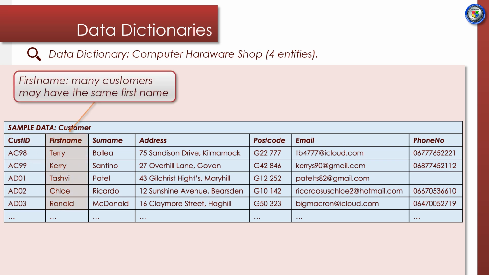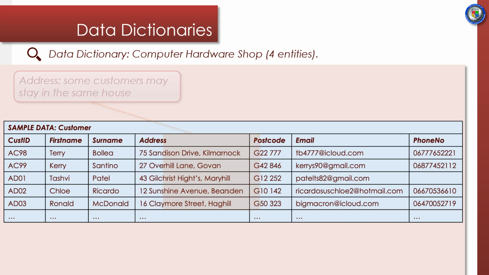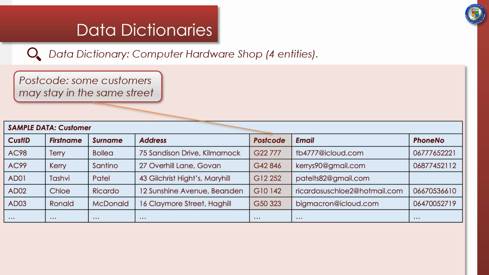First names wouldn't be suitable as multiple customers could have the same first name. Same goes for surname. It's possible for multiple customers to have the same address. They may stay at the same house, and as such, postcode would fall into that same category.